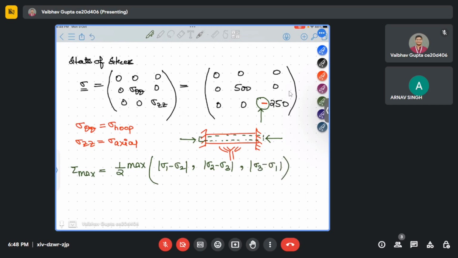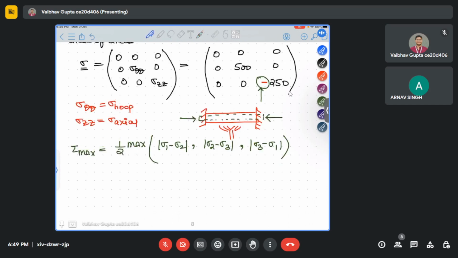Since all the other entries are 0, these stress values are the principal values, because only diagonal values are present. When the stress matrix is a diagonal matrix, it represents the principal stresses. That's what you learned in the previous lectures also.